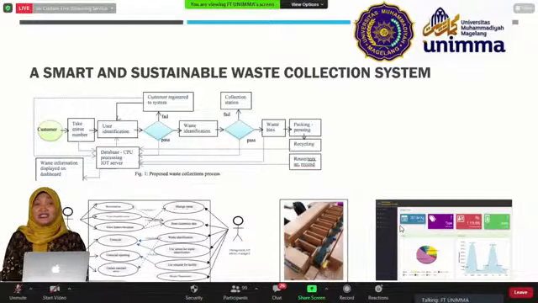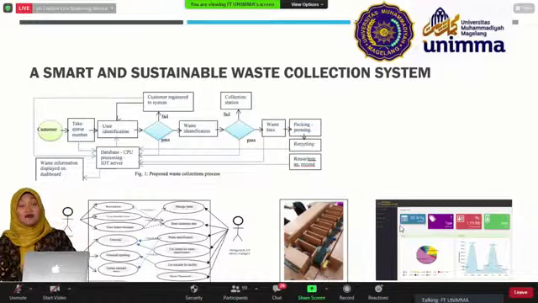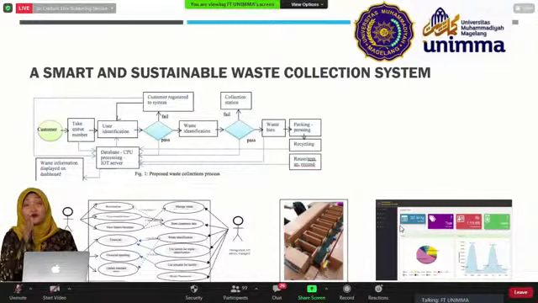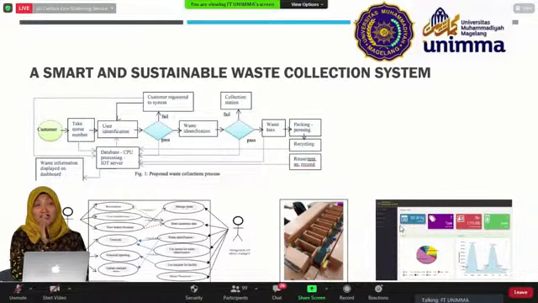This is also a prototype which we have developed. From this we can see the economic, social, and environmental performance of this waste collection system. And if it is adopted by waste collection systems, it will help improve their performance.